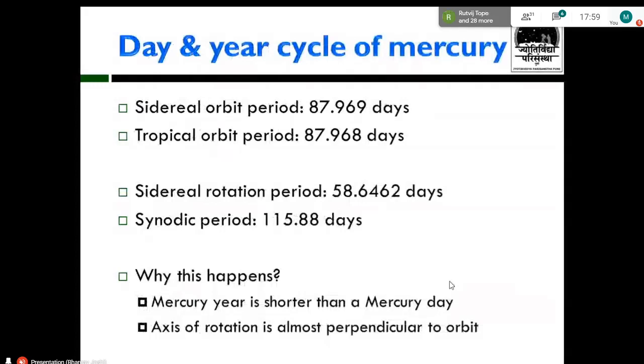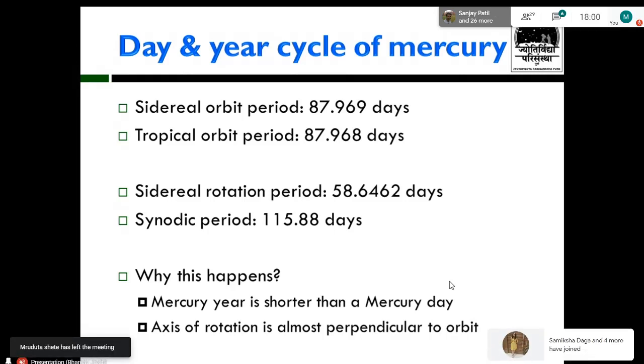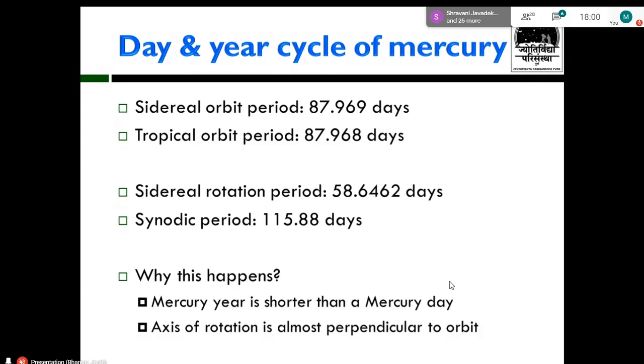This is one of the most interesting things on Mercury. If you look on the internet, the revolution period of Mercury, which means the time Mercury takes to revolve around the sun, is 87, almost 88 days. But its rotation is so slow that it takes almost 115 days to rotate. These days are Earth days, of course. So the meaning is, a year on Mercury is actually shorter than a day on Mercury.